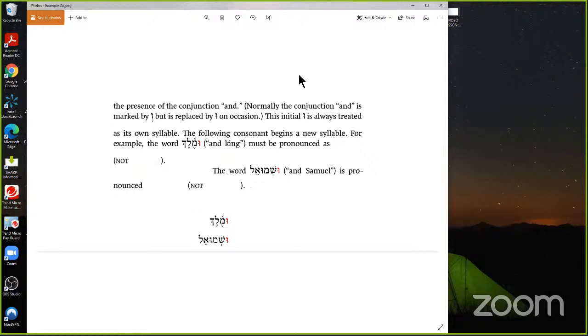Is that fair? Look at the accent above the mem. There's an accent there. So what does that mean? The emphasis is on the mem, not the final letter, or the file, off the lamed. So this is "umelech," not "umelech." Okay, and king, right?